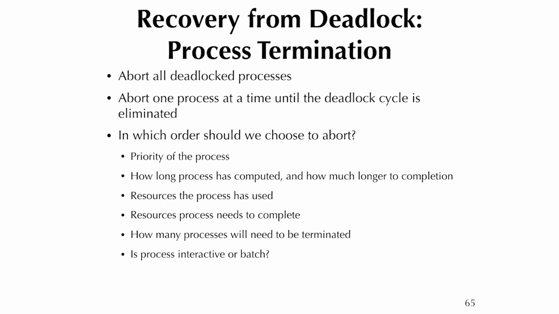So in choosing one, you might say, okay, if there is one process that's been running for a long time, it's probably much more expensive if I restart it, right? So maybe let's pick one that just started less than 1 second ago. Worst case is another 1 second for me to rerun it, right? So that could be a heuristic. How long the process has been executing could be a consideration.